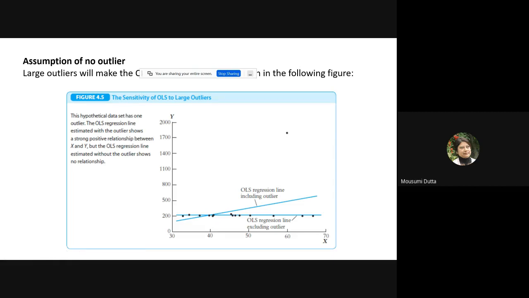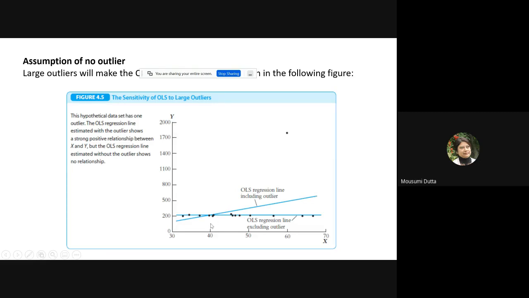So these are mean-centric approaches. And for that matter, if the outlier is there, the entire estimated model will be an erroneous structure. It will be a wrong calculation.